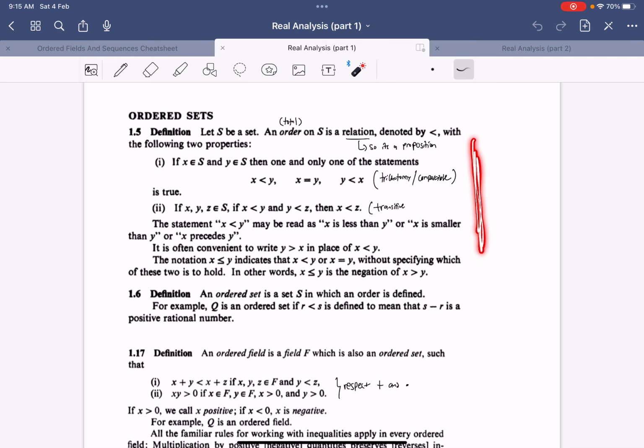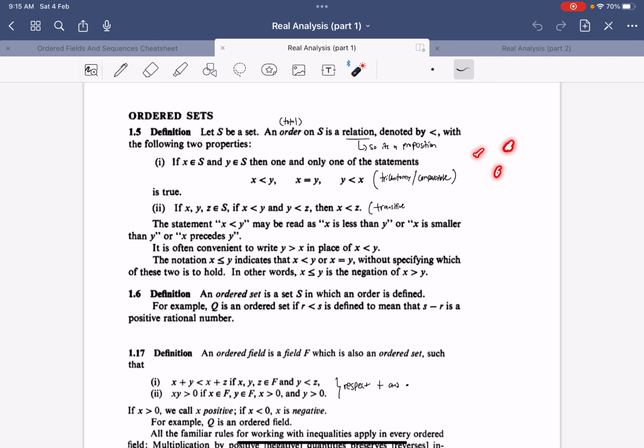For a total order, it means that when you have two elements in the set, you must be able to compare them. Either one is less than the other, so all of them are related. And there's the transitive property as well. So if x is less than y and y is less than z, then x is less than z.